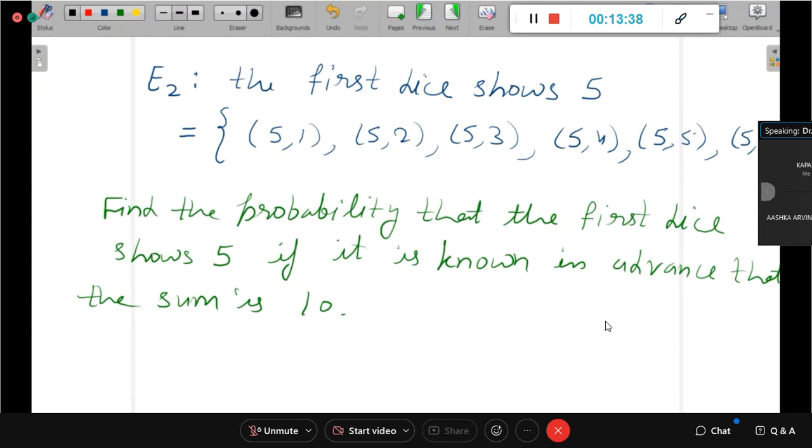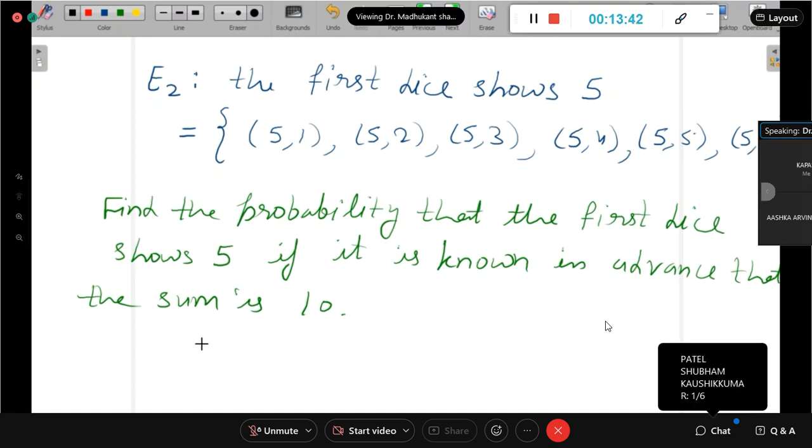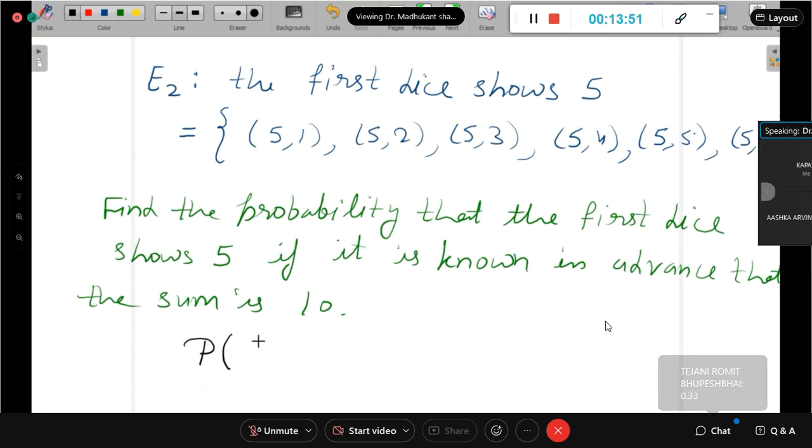I hope you know the answer, maybe, I don't know. But how do you write this mathematically? I have defined the events.